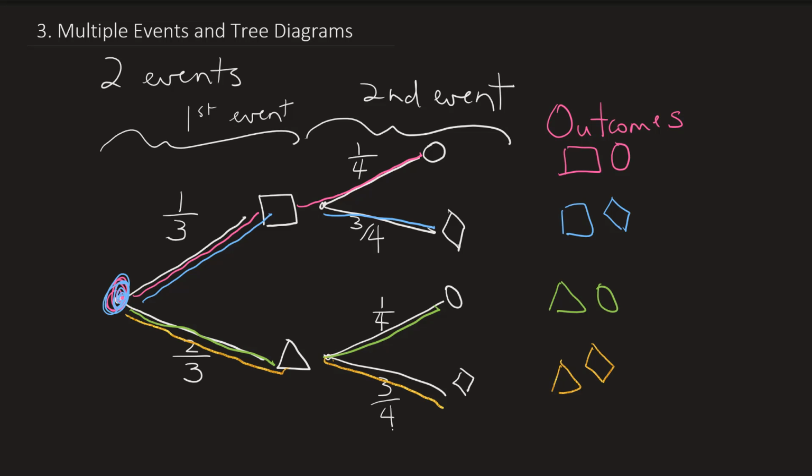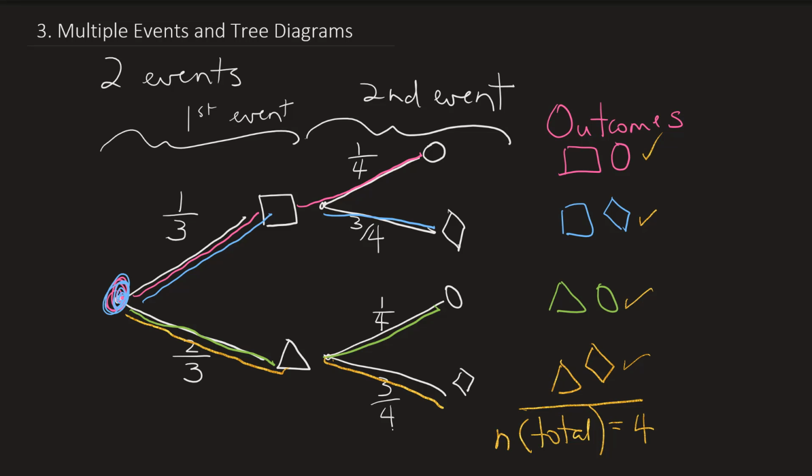So you can see by my colors that I have traveled along every branch and I have listed all the outcomes possible. Let's write here the total number of outcomes. So this is my first outcome, a square and a circle. This is the second one, third one, and the fourth one. So the total number of outcomes is 4.